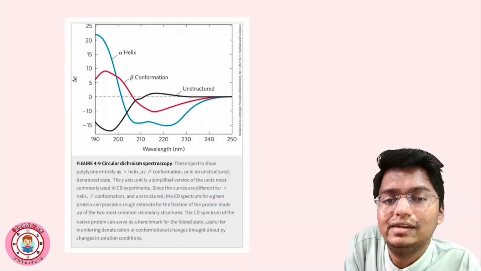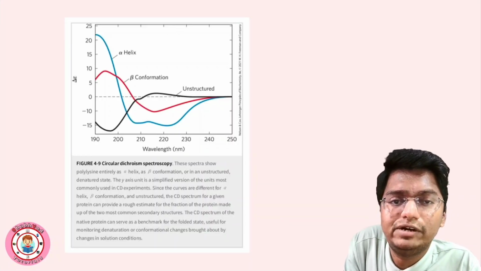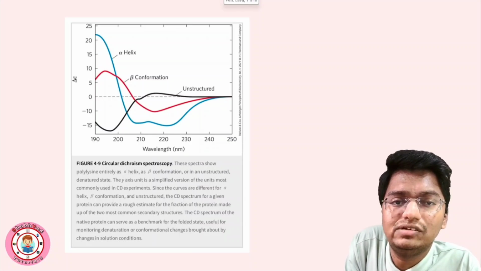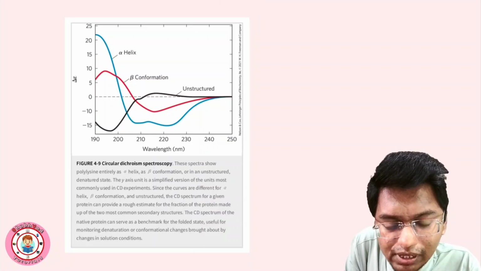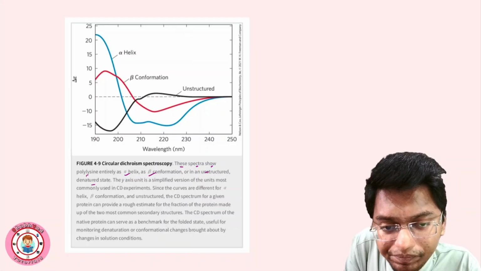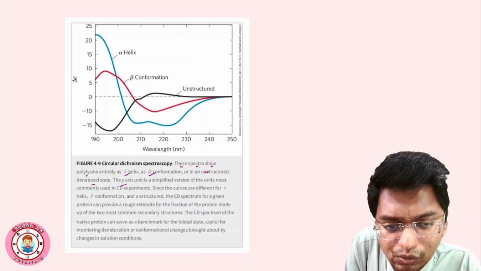The Ramachandran plot. Next is CD spectroscopy. This is also very important for secondary structure determination. I will read this also. These spectra show polylysine, okay, entirely as alpha helix, as beta conformation, or in an unstructured denatured state. The y-axis unit is a simplified version of the units most commonly used in CD experiments.